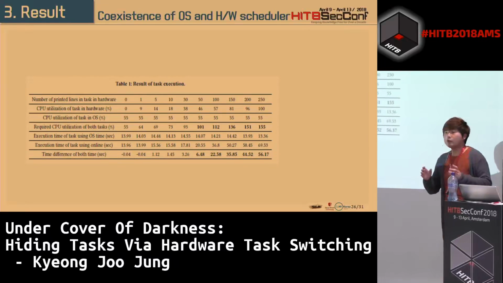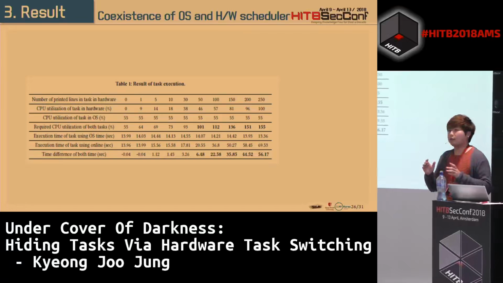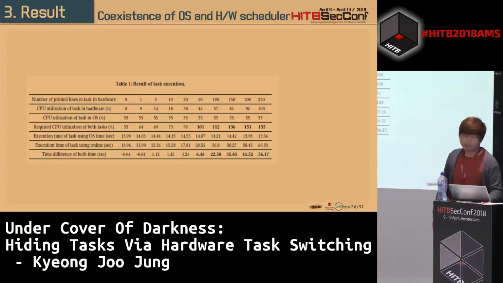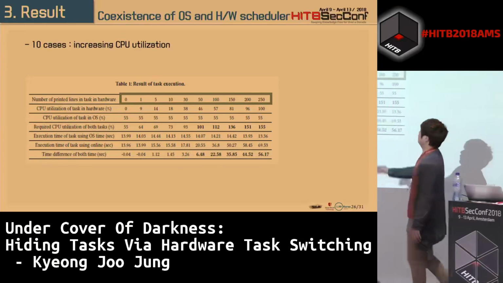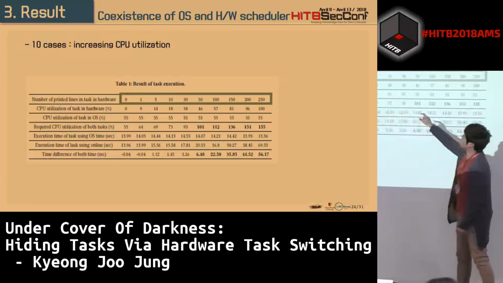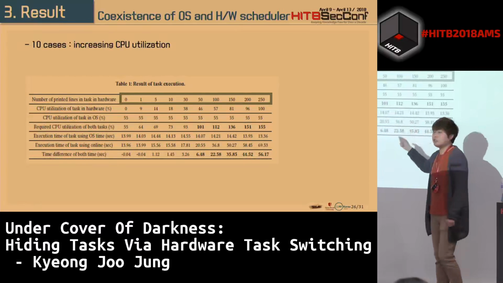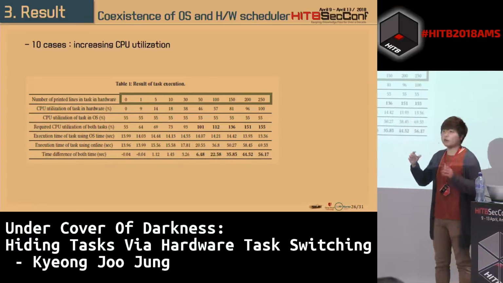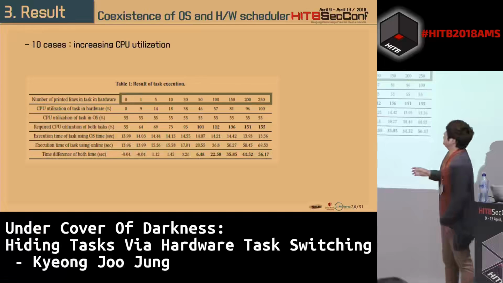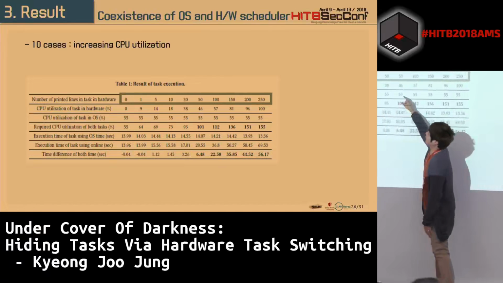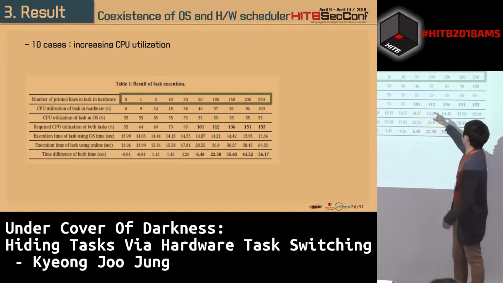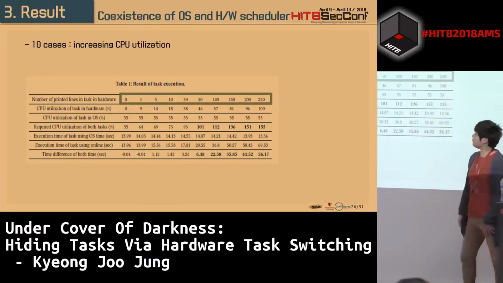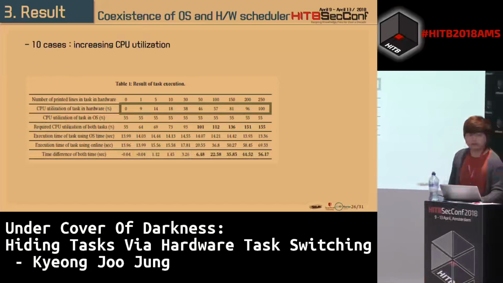And at the same time, we will execute another task using the hardware task switching for 10 cases like this. And in each case, we will increase the CPU utilization. That CPU utilization is from the hardware task switching task. If you increase the number of printed lines, then the CPU utilization will go up, like this.